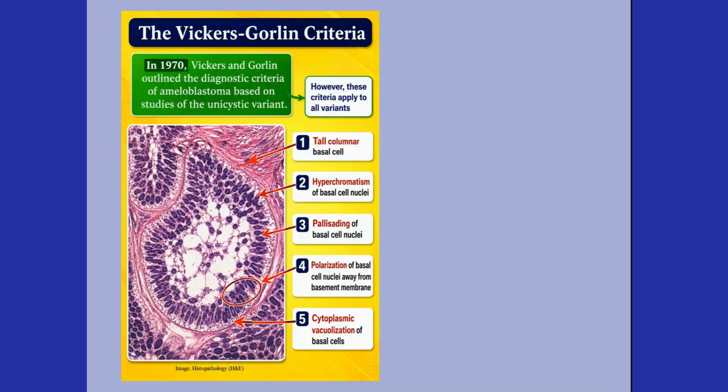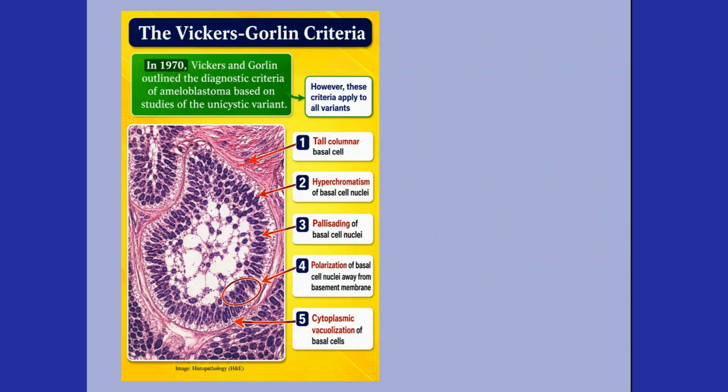All of these features about the basal cells which I discussed with you satisfy the Vickers and Gorlin criteria, which is the diagnostic criteria of ameloblastoma based on the studies of the unicystic variant, although these criteria can be applied to the other variants also. Now, what do we see in the periphery? We saw tall columnar basal cells. We saw that the basal cells have a hyperchromatic nucleus.